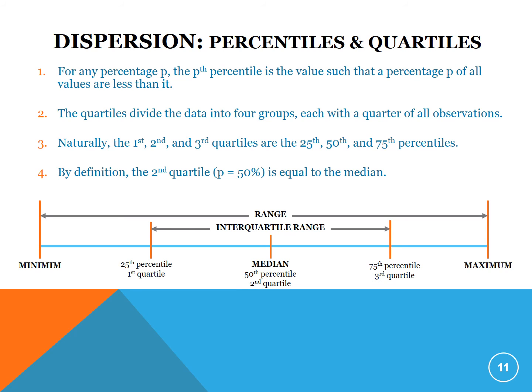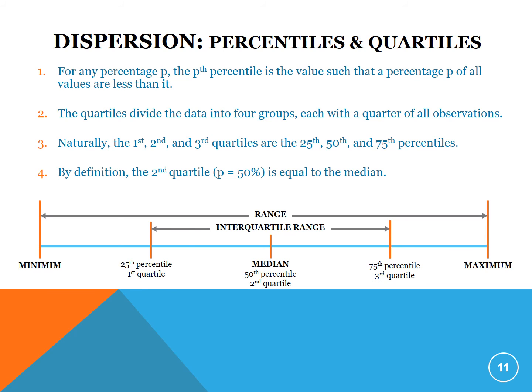The quartiles, as I'm reading the second line now, divide the data into four groups, each with a quarter of all observations. Naturally, the first, second, and third quartiles, as I said, are the 25th, 50th, and 75th percentiles. The 0 percentile means it's the minimum; everyone essentially did better than you.